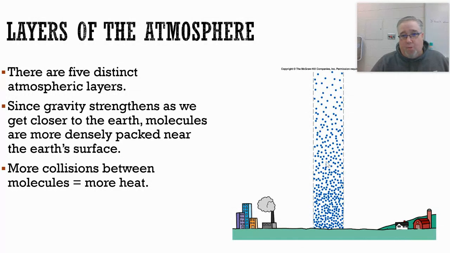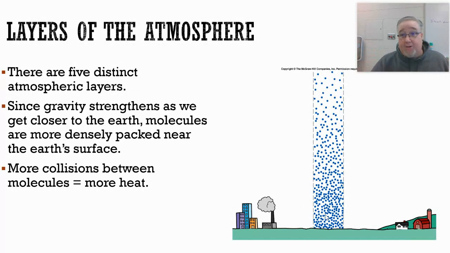One thing you'll notice is all these little particles. The closer you get to the Earth, the more densely packed those particles are. So air is more densely packed as we get closer to the Earth, and as we go higher up in altitude, those molecules tend to spread out a little bit more.